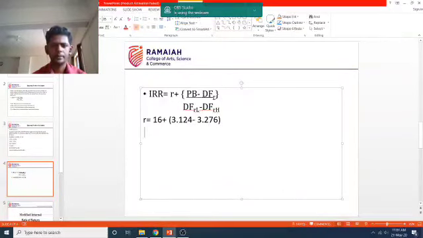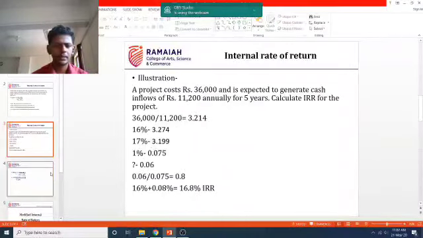Right. We have to divide it by DFRL, the discount factor of the least one, that is 3.276, minus the highest one, that is 3.199.